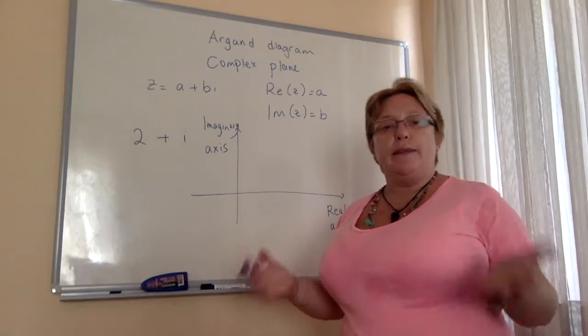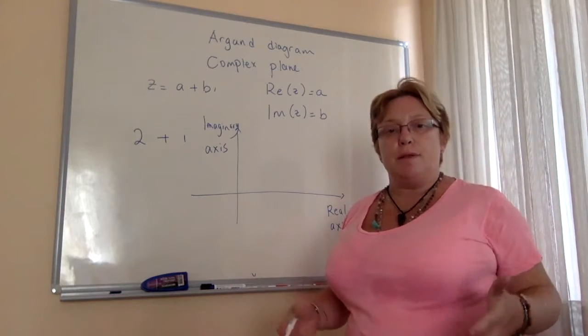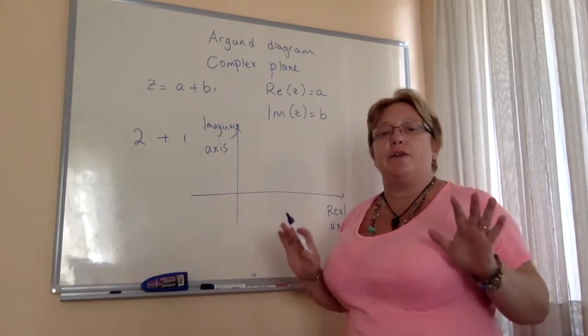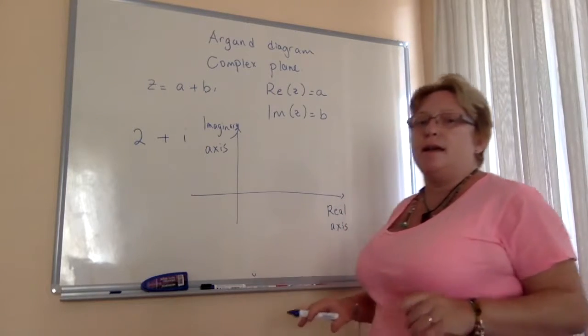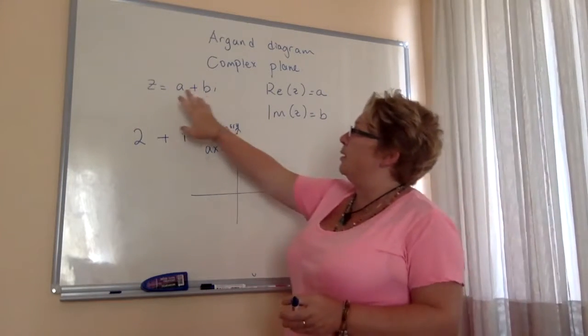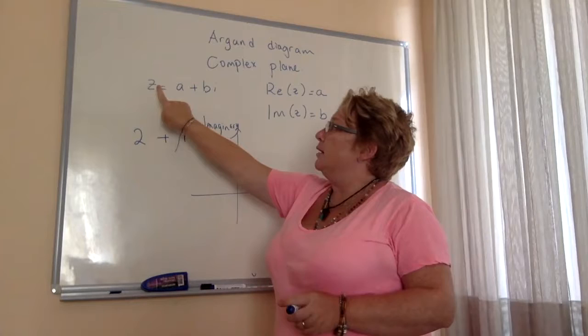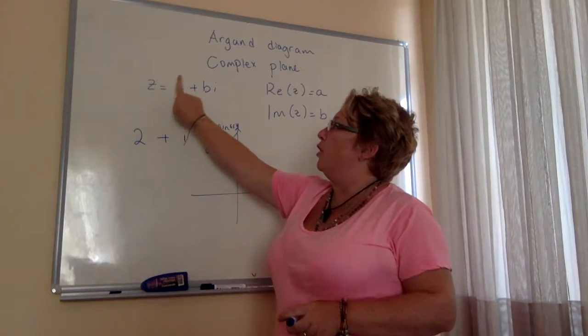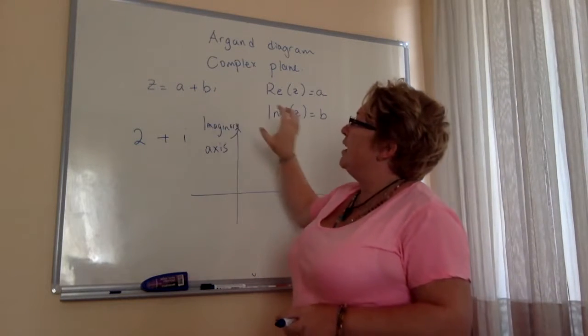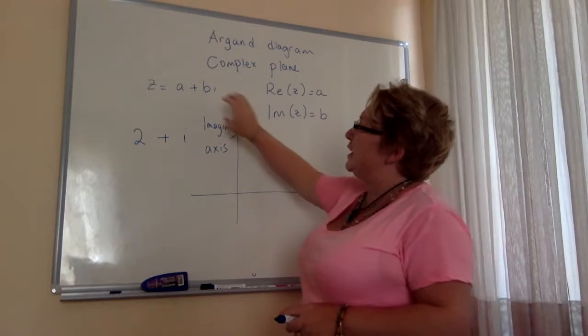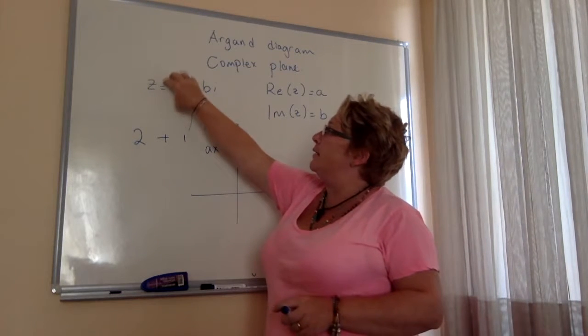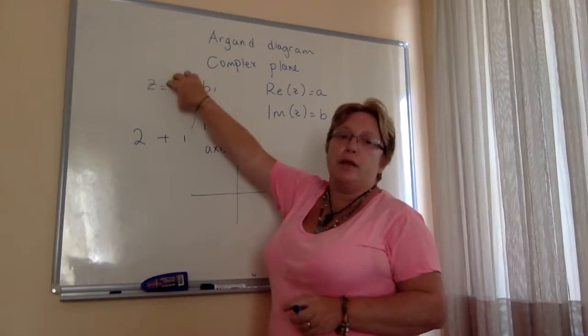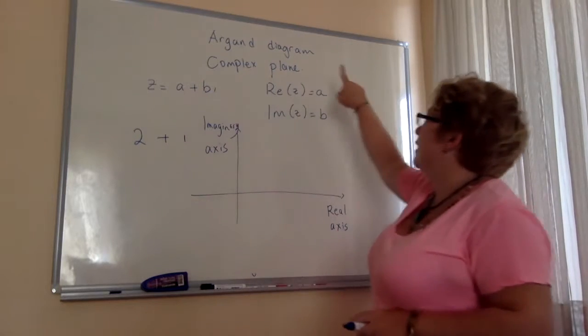One thing we can do with complex numbers is to identify their real and imaginary parts. Now, when we have a complex number, we label it with a z. Let's say we have a complex number in the form a plus bi. The real part of z is the part that doesn't have the imaginary unit, so it's the coefficient a.